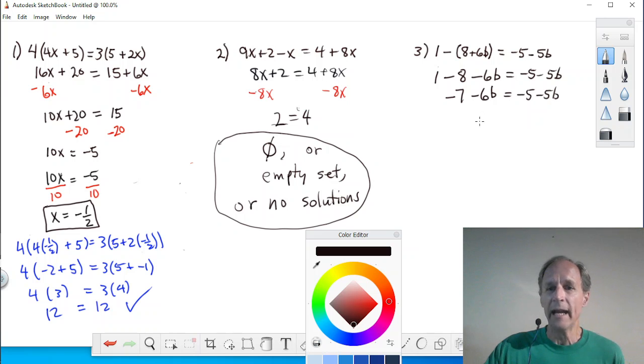So we're going to be adding to both sides. Which way would add a big enough number to make it turn out positive? Well, if we add the 6b to both sides, then we'll have a positive b. But if you do it the other way, it'll still work. So let's add 6b to both sides.